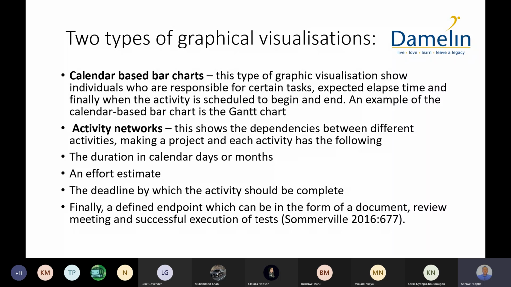The Gantt chart is one example, where you see the bars, with the tasks on the left-hand side, and the dates showing how long each task would take. And we have our activity networks, also known as PERT, which shows us the duration of each task and so forth.